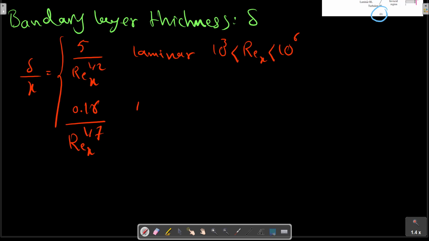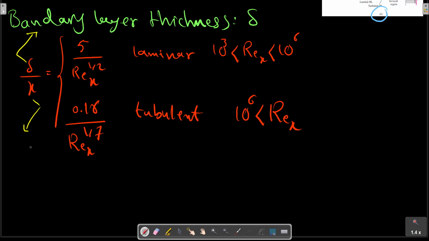For turbulent flow and laminar flow, we have a function for boundary layer thickness at point x as a function of Reynolds x, where Reynolds x is Ux over nu.